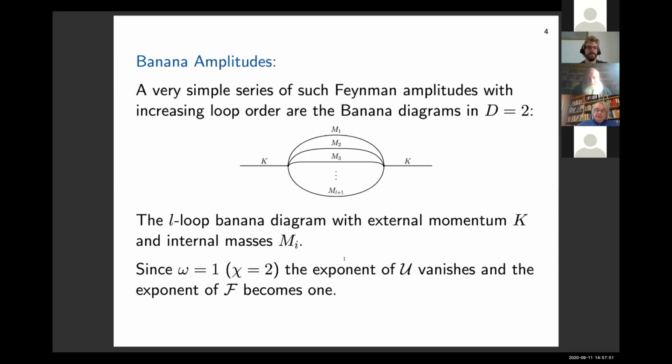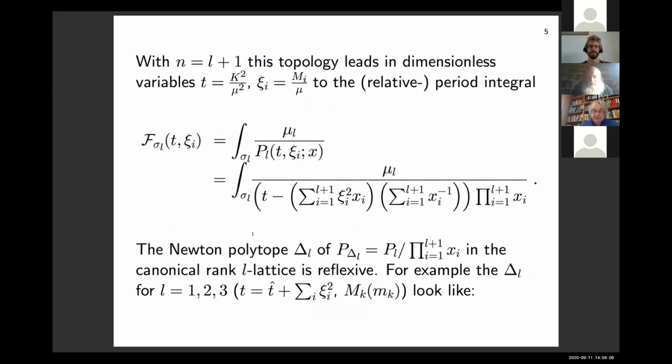So this is the L-loop banana graph. You have just L plus 1 masses and just one external momentum. This is a planar graph. The exponents of the graph polynomials are such that you have only a polynomial in the denominator and this measure in the numerator.